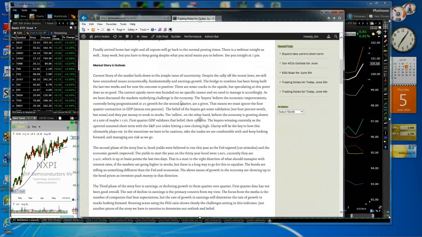I'll update it every day relative to the parts that are changing, but this is the current story of the market as I see it, based on now I've rewritten tonight's notes, which we've actually started updating for tomorrow's trading notes. So tomorrow morning when these are published, this will be updated based on what happened today.